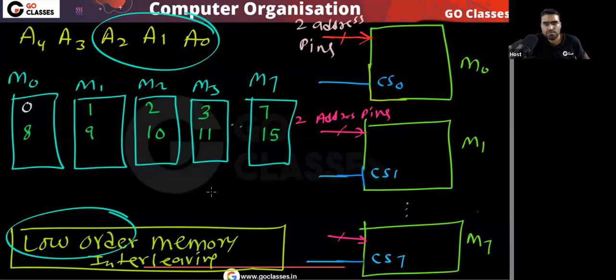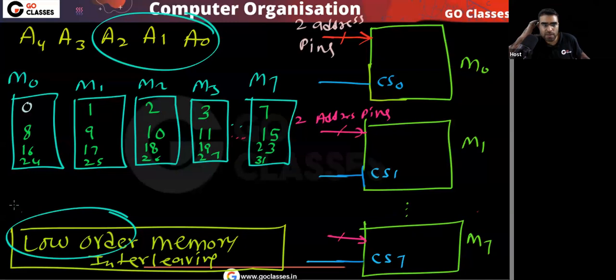Next address available here, next here, next here. And finally, you can see this 31. You can just check, I think this will be 24, 25, 26, 27, and so on. Is this clear? Did you understand?